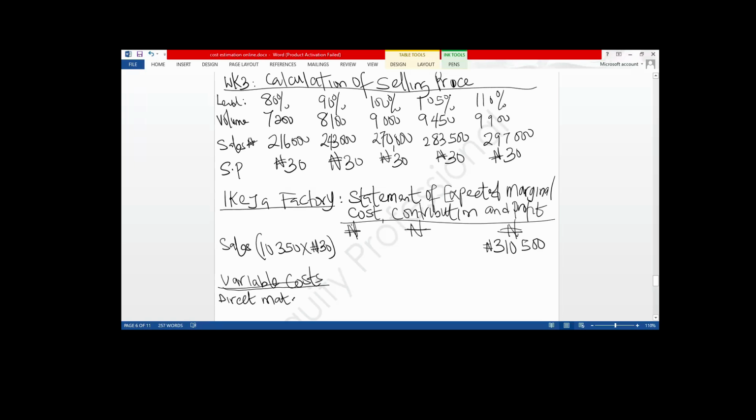That means the first 9,000 production is within 100%. The first 9,000 to be produced is within 100%. That would be at 11 Naira. Look at it.